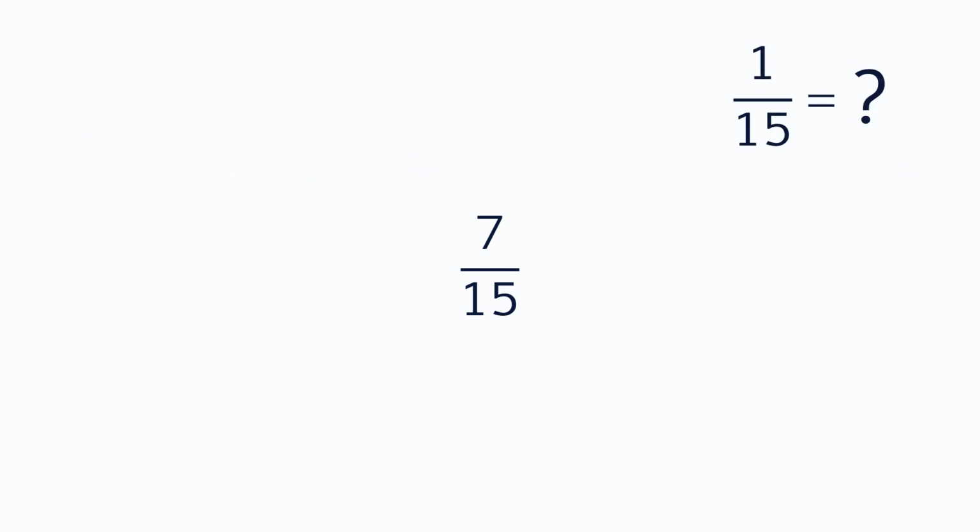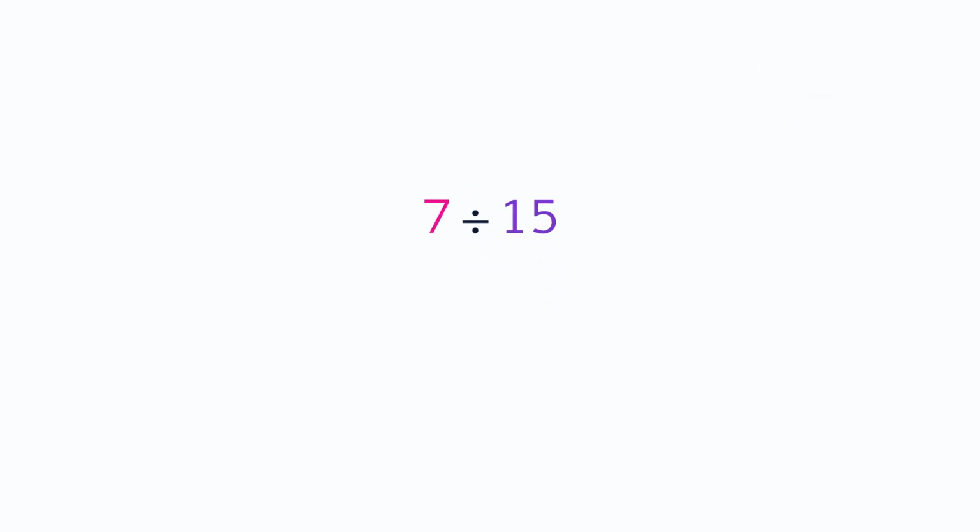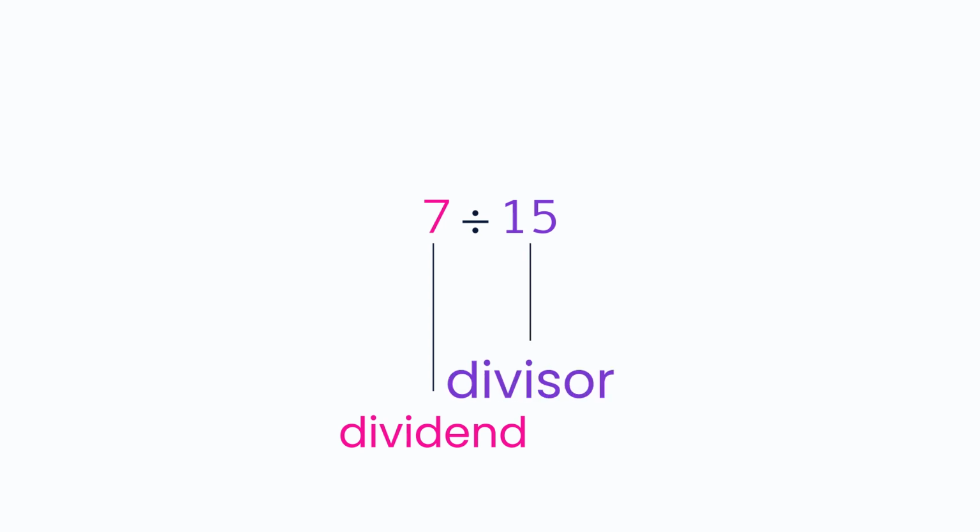So, what to do? You can use long division to find the answer, where 7 is the dividend and 15 is the divisor. First, you'll have to rewrite your division problem in this form. 7 divided by 15. Starting off the calculation, you find that 15 goes into 7 0 times.